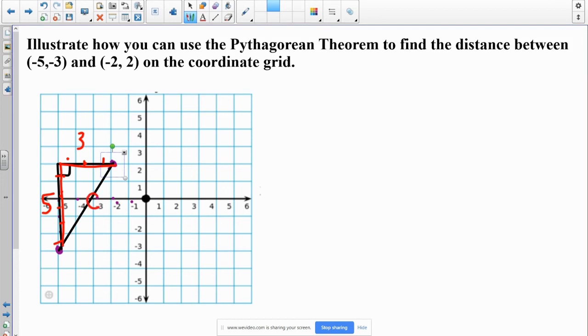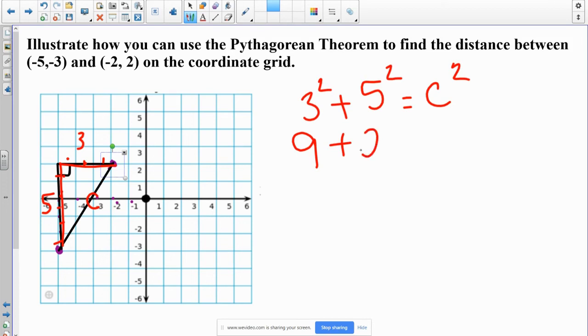So we're looking for C again, because that's the hypotenuse across from the right angle. So we're going to take 3 squared plus 5 squared, and that's going to equal my hypotenuse squared. So the area of this square would be 9. The area off the leg 5 would be 25, because 5 squared is 25. And we're going to add the sum of these two small squares, which would be 34.